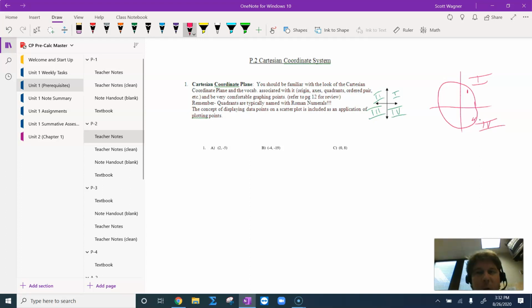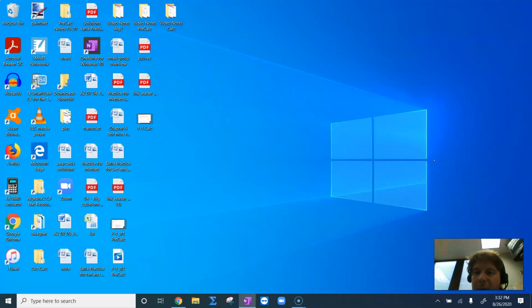One more thing to point out: when you're working with the coordinate system, the quadrants, and the ordered pairs, X is always first, Y is always second. So in quadrant 1, it's always positive, positive. In quadrant 2, where'd that go?